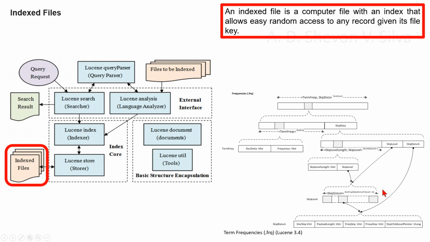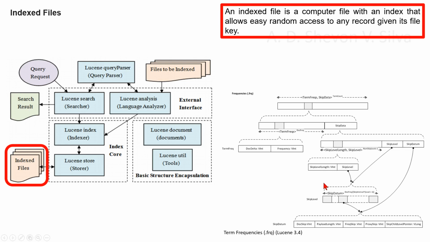All the skip levels are appended together, preceded by the skip level length. The last level does not need a skip level length since there are no more levels below it, so it is skipped.